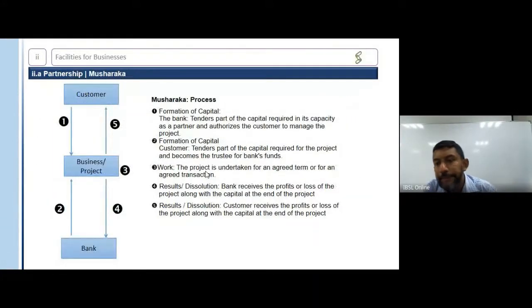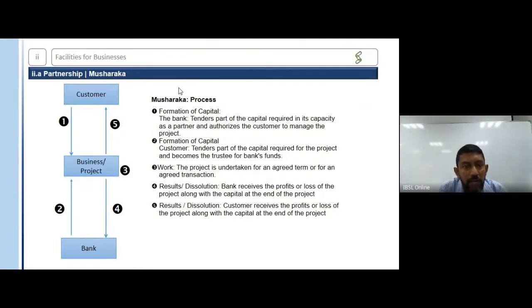So let's continue. What we said is that Musharaka is a type of partnership which is used by Islamic banks to provide financial accommodation, to give facilities to customers. So we will see how that is done using Musharaka in this session.